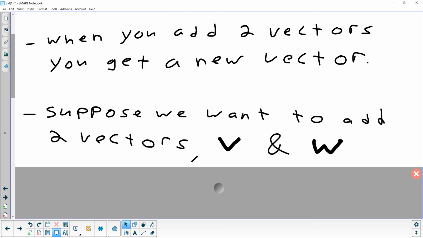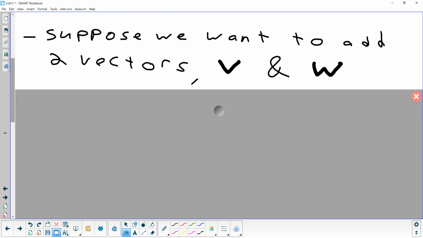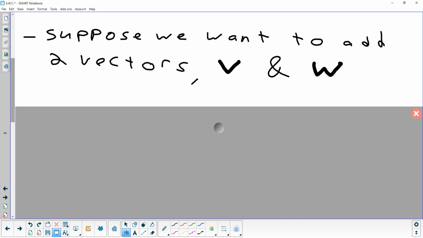So the way I'm going to show you how to add vectors first is visually. Basically it involves just drawing in a diagonal. Let me explain it again as a picture, and then I'll write it out in words. So let's say that was vector v, and this was vector w, and you wanted to know what would happen if you combine those 2 together.